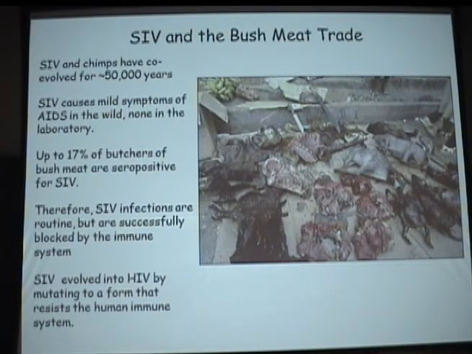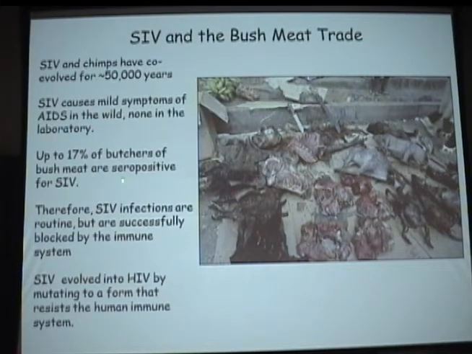Now, this is a very important point. Remember we talked about how we often diagnose people as having been infected if they have antibodies against a certain pathogen. It's easy to take a blood sample and look. So people in this trade, people that actually butcher and sell this kind of meat, if you test their blood, many of them are seropositive for SIV.